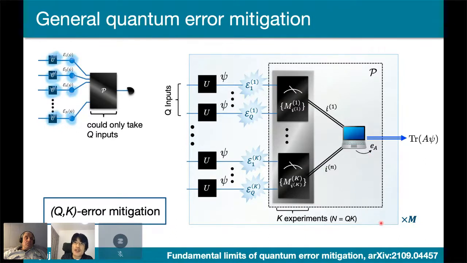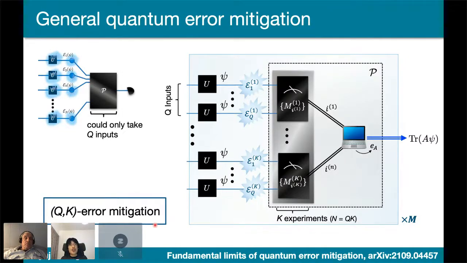Then I repeat this a large m times and take the expected value of such random variables, hoping that this expected value is going to be close to the expectation value trace of A rho. I call it the QK error mitigation protocol, because I take q inputs into one experiment and I have a large k number of experiments. So this is a QK error mitigation.